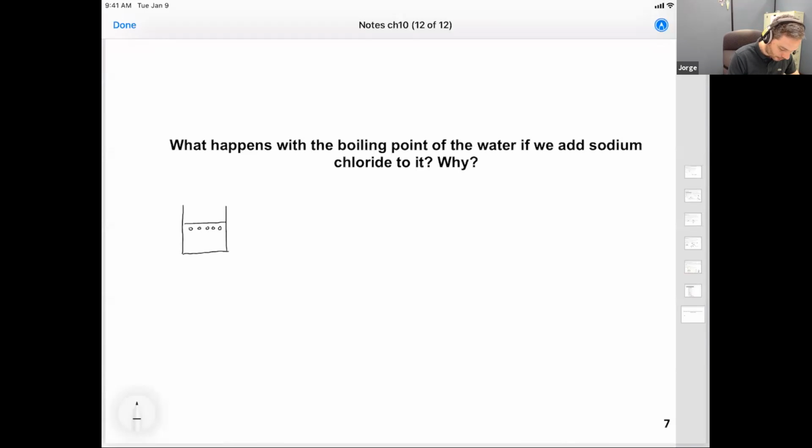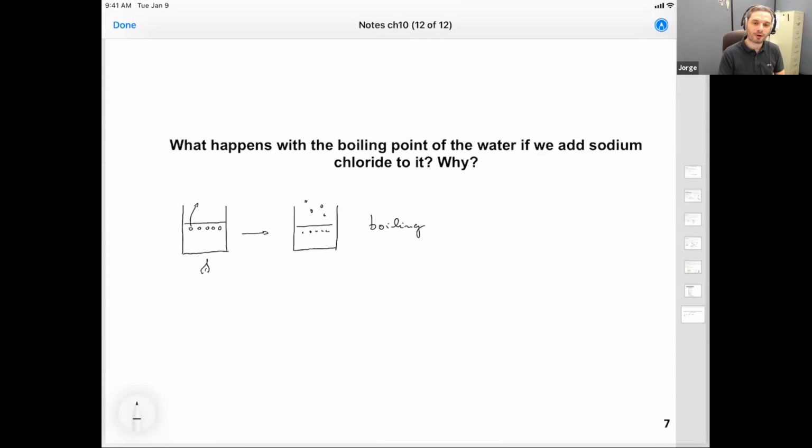If you heat the water, that will increase the temperature and the movement of the water, and eventually some of these molecules will come out of the liquid and go towards the air. Then new molecules will come here and that will repeat itself. So when that is happening, we have boiling or evaporating of the water.